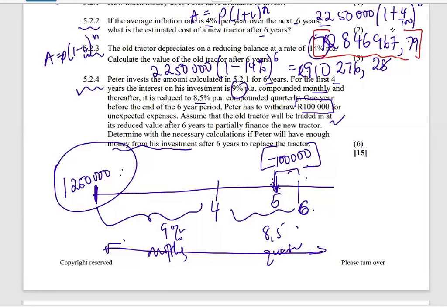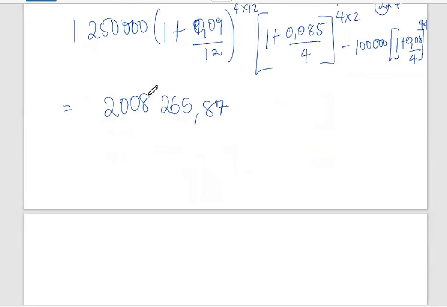This is the amount that the new tractor is going to cost. But if we also subtract this 910 so that we find the new cost of the tractor, what's going to happen is that I need to subtract this 910,276.28 from what I have, so that we see how much is needed.